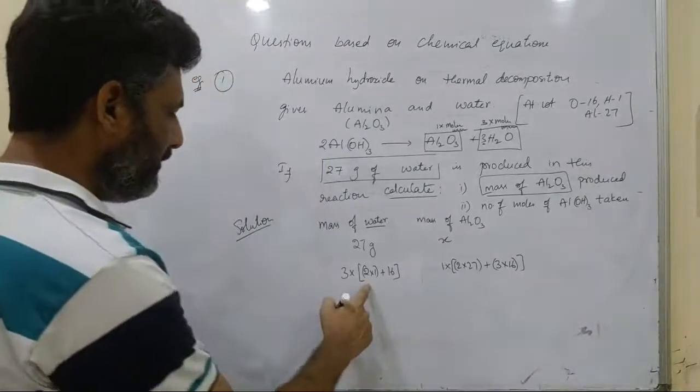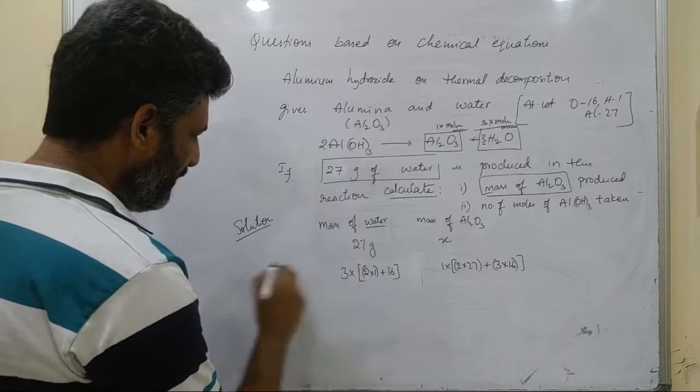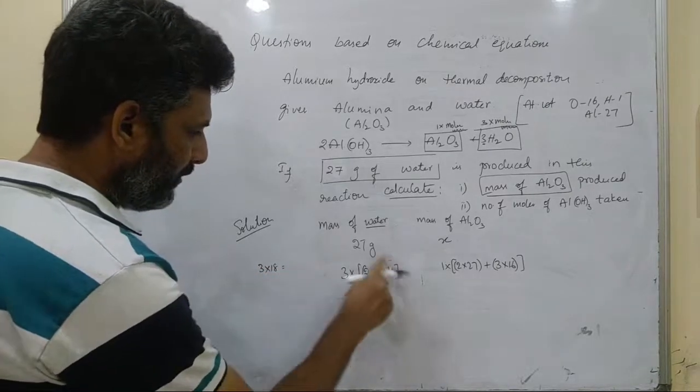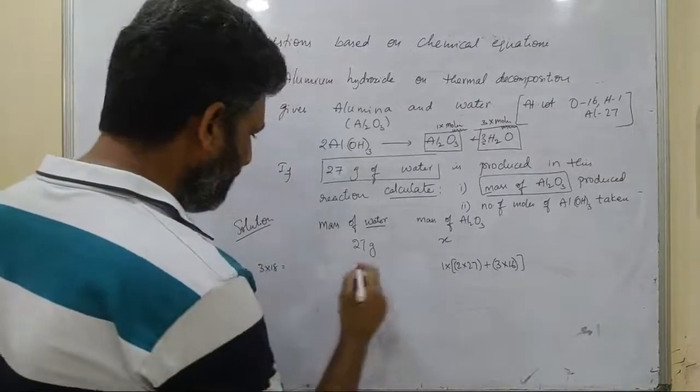First we find what this is: 2 ones are 2 plus 16, 18, means 3 into 18. So you can replace this with 3 into 18.